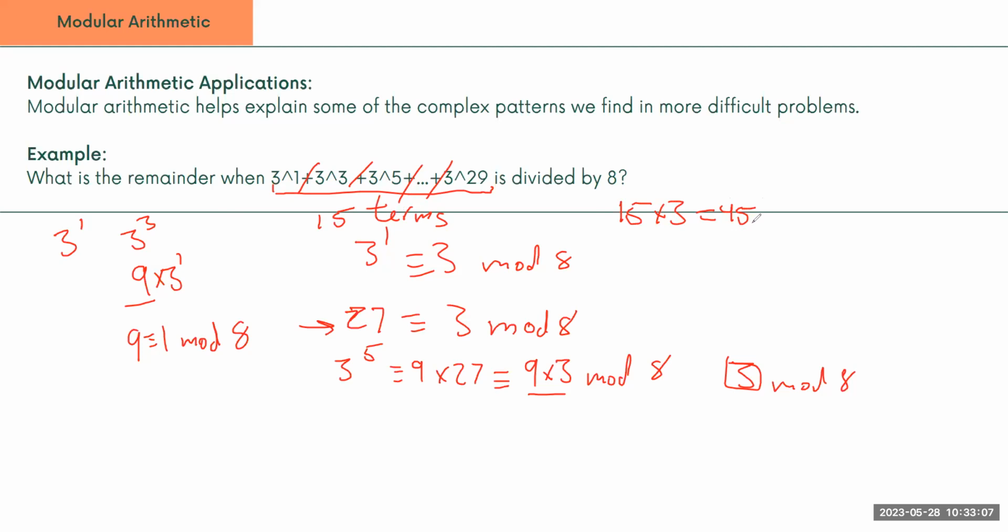Notice that 40 is 0 mod 8, so 45 is congruent to 5 mod 8. Our remainder is going to be 5 when we take this mod 8. Generally, this is a really easy way of solving the problem. Of course, you could have looked at the pattern without modular arithmetic and found that they're all going to be 3, but modular arithmetic helps us understand why all of the terms are going to be 3.